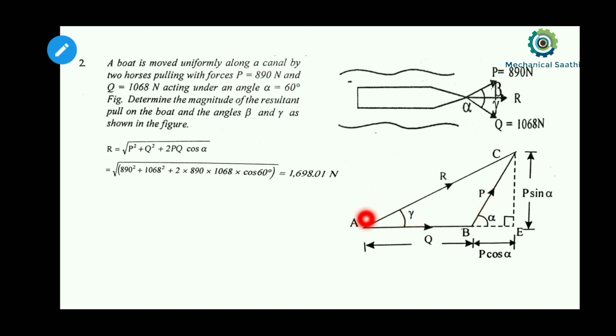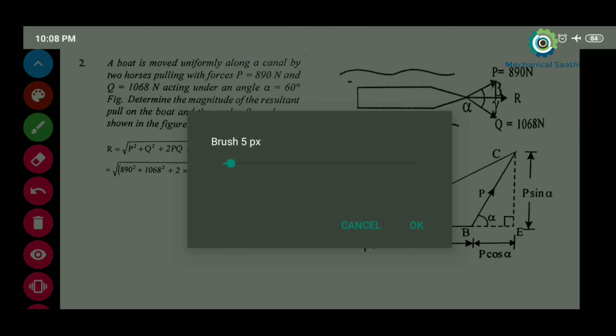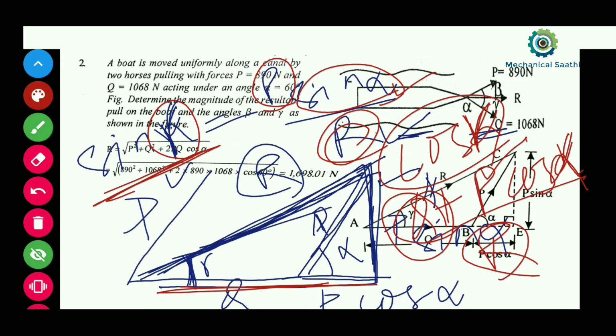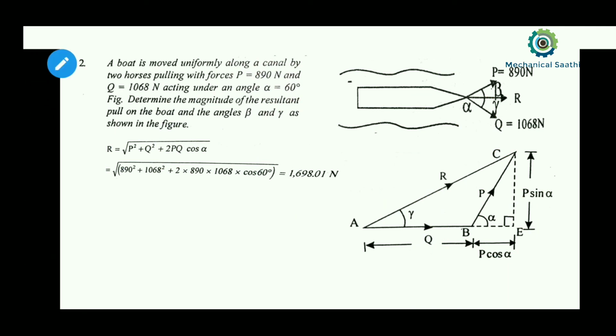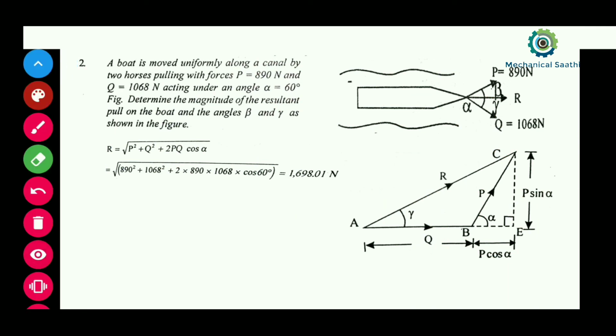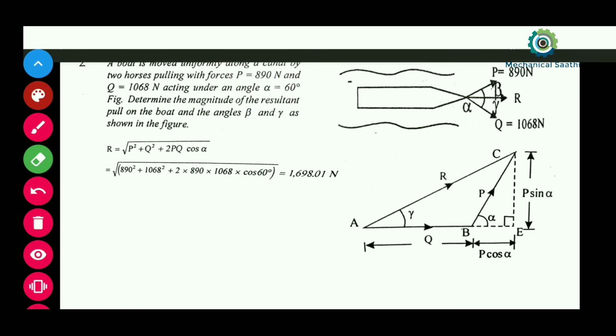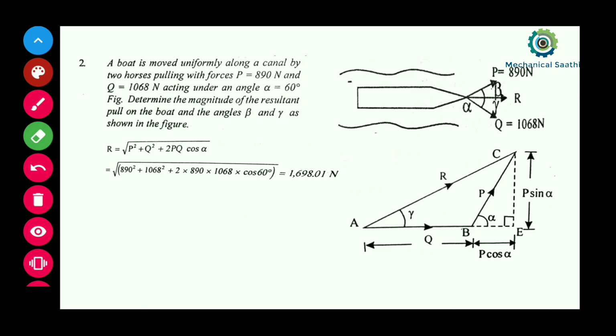So if I am using this triangle, that is ACE, then in this triangle I can write the value of sin gamma.